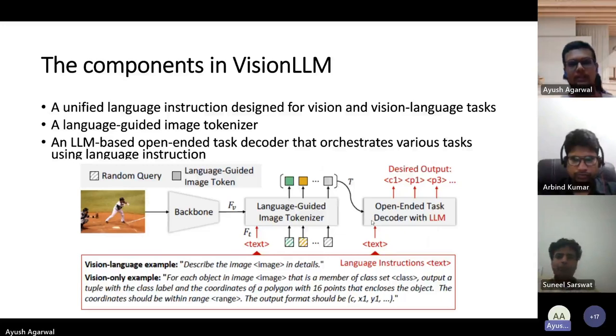After this is tokenized, it is passed into an open-ended task decoder, that is an LLM. In that, these language-guided image tokens are passed, and the input text is passed. So those are the three components essentially, and they give you the desired output.